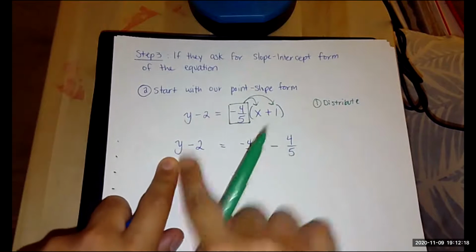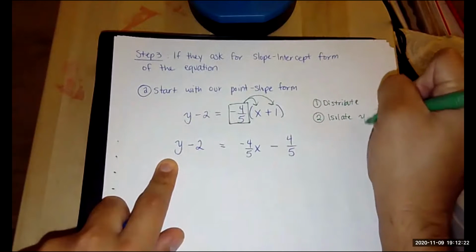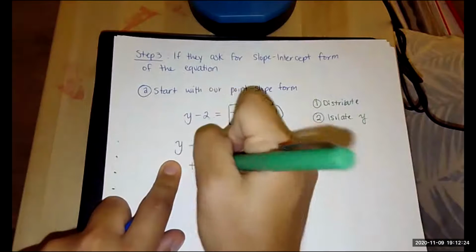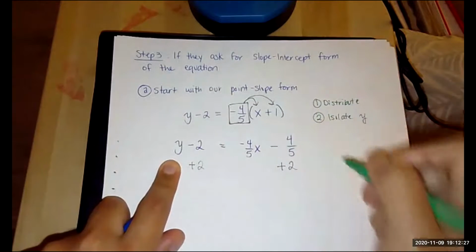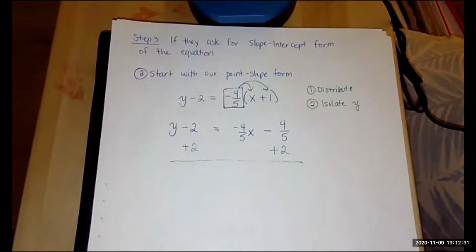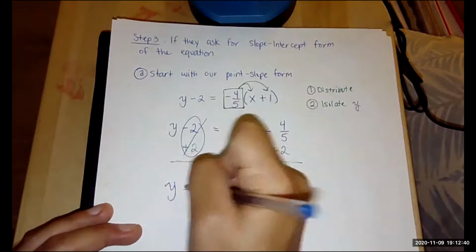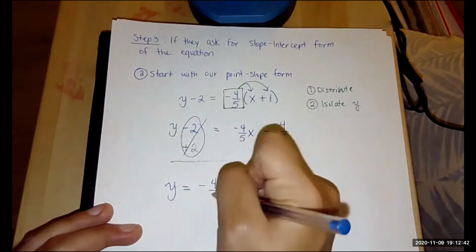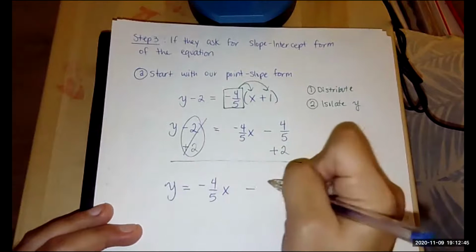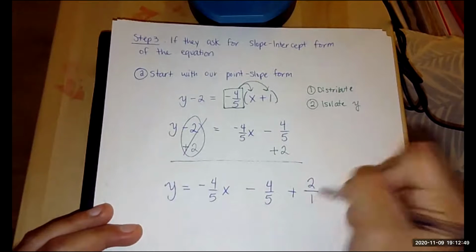So if we want to isolate y now, then we're going to have to add the 2 over here to this fraction. And that's sort of the unfortunate part of them continuously giving us fractions. We're just going to have to throw that into the calculator, or we're going to have to do it by hand. So don't mind me, I'll just be working that out by hand. Y is equal to -4/5 x minus 4/5 plus, I'm going to call this one 2 over 1, right?